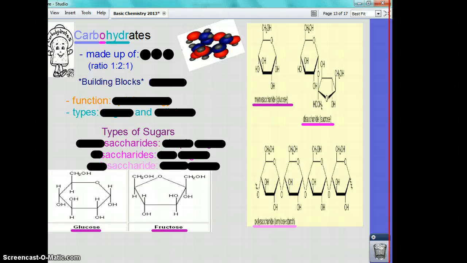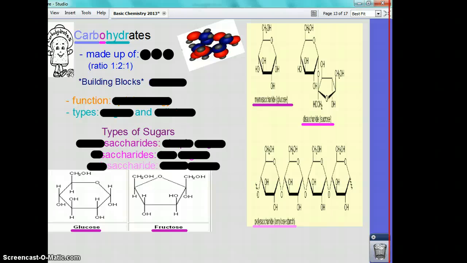For every organic compound, the three things I'm going to cover are what they're made up of, what builds them, because each compound is actually made up of blocks of the same thing over and over and over, a lot of them because they're big molecules, what their function is, and examples or types.